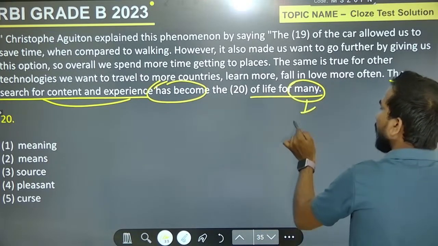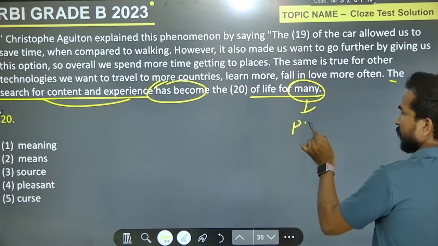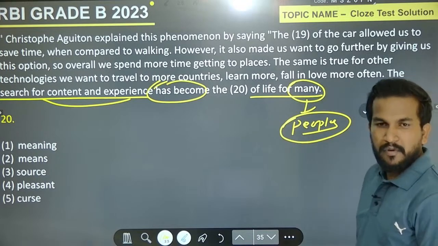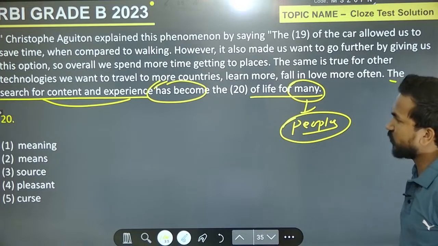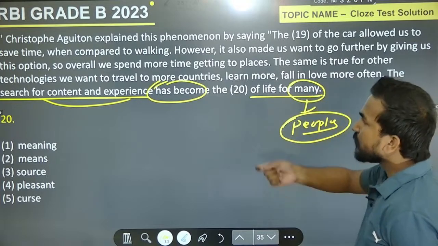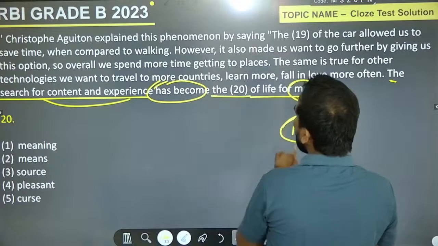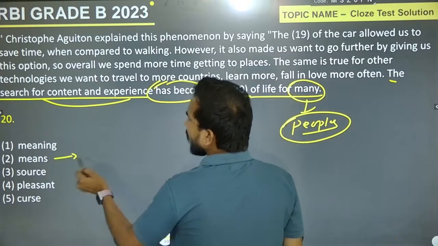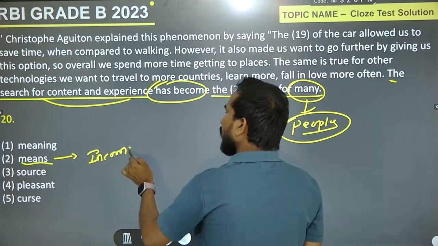Many here indicates people already. Now, what must it be? Okay, so here we have the search for content and experience has become the blank of life for many. Meaning, means can also be similar to income.